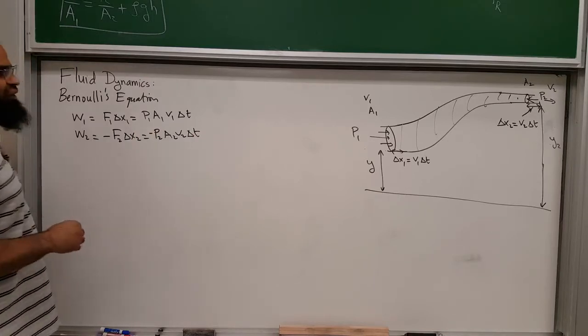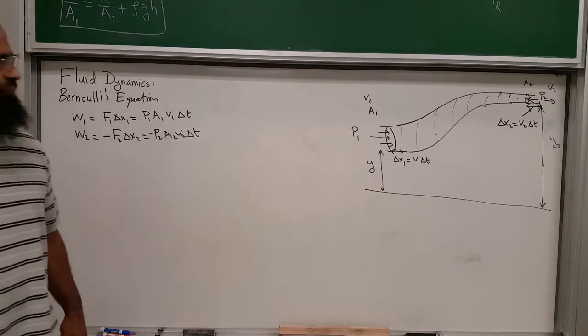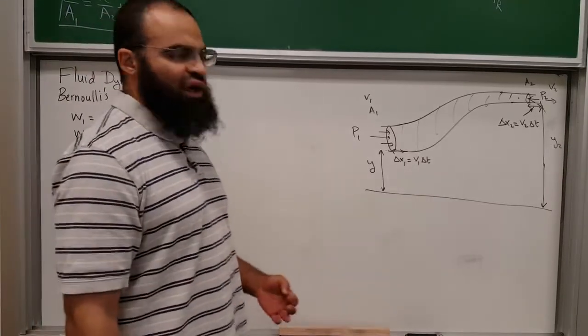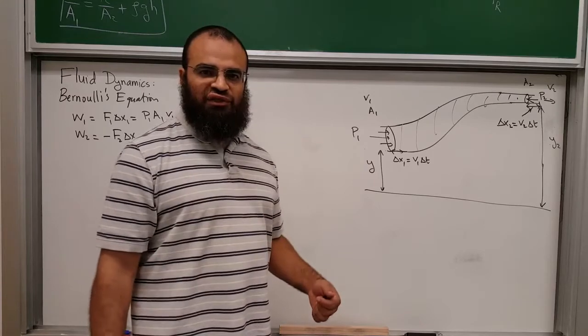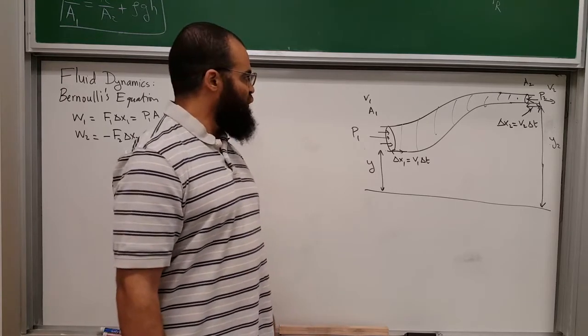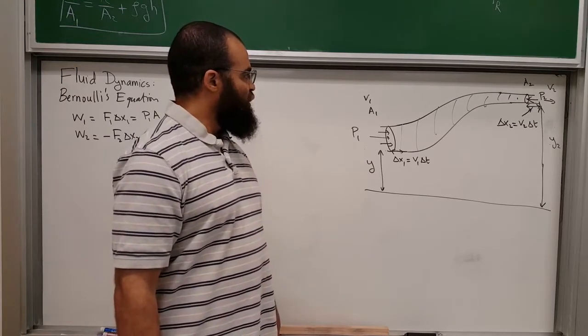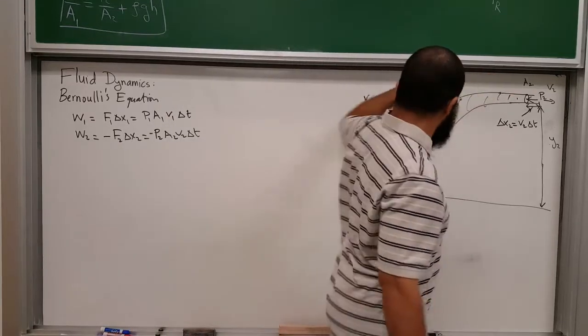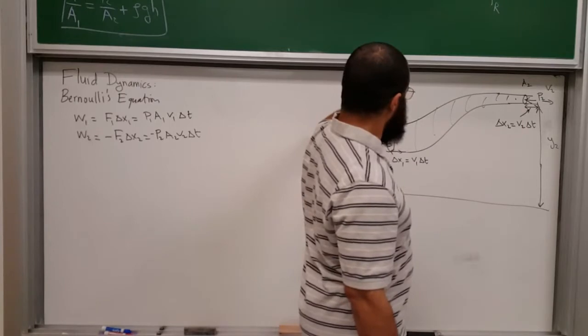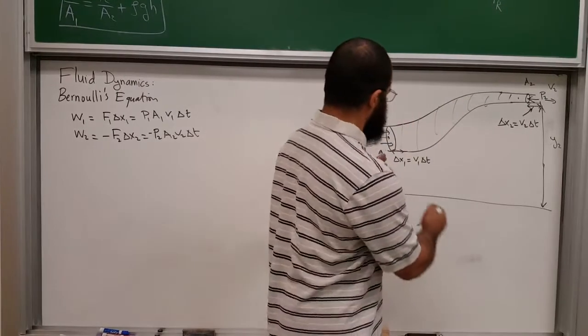Okay, that's good. Now, how much work was done by gravity? Remember, the work done by gravity will equal the negative of the change in potential energy. So how much work was done? Well, if you take an amount of mass delta m, by how much did the potential energy change?